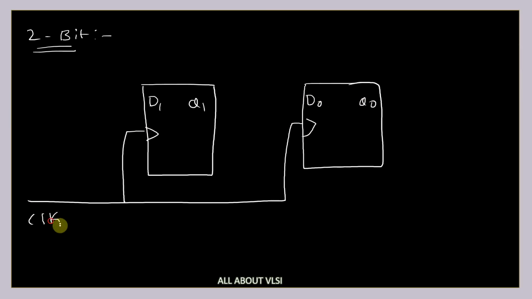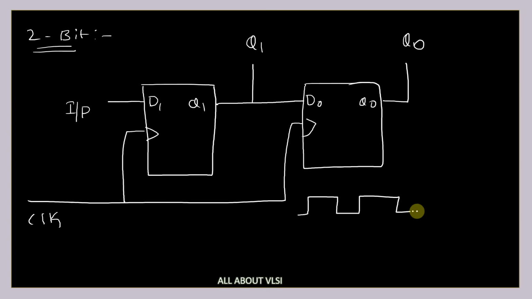And let's say this is my input, with a direct connection to this. And this is my Q0. And this is my Q1. Now, this is my clock, and these are my clock edges.